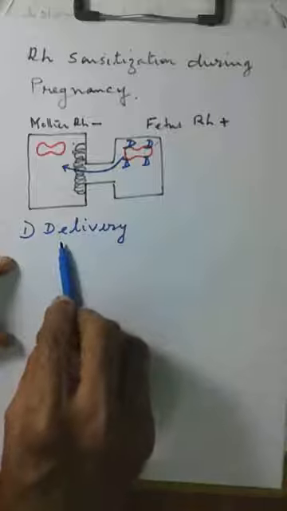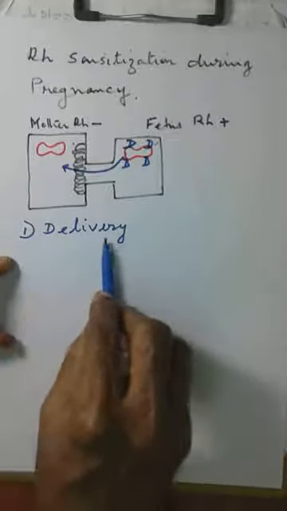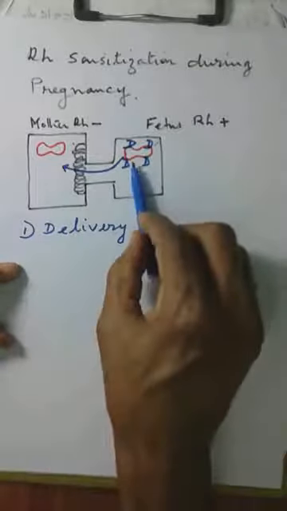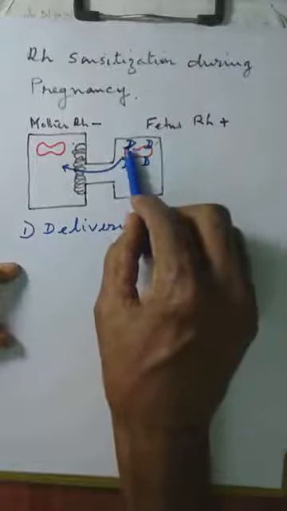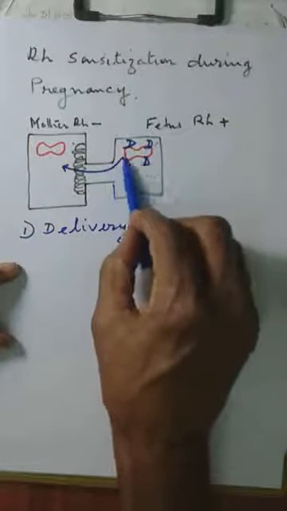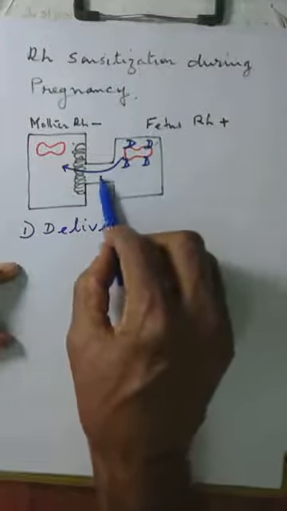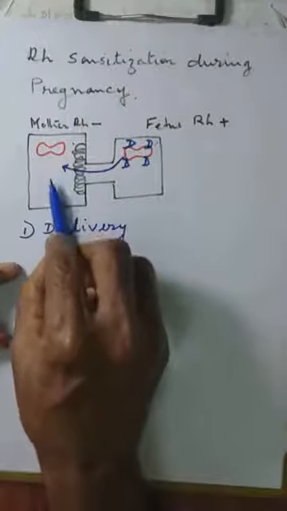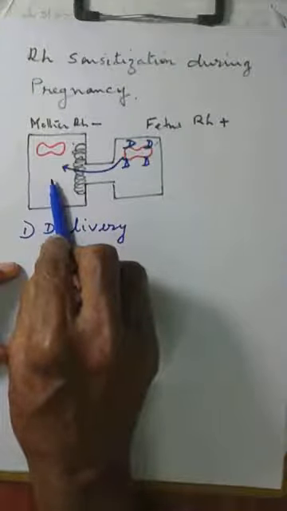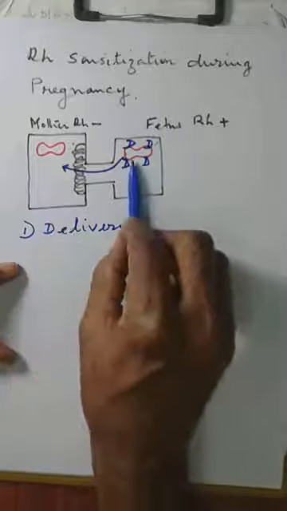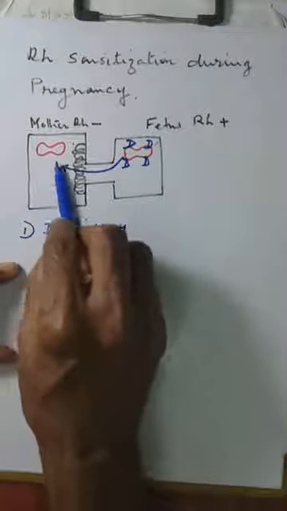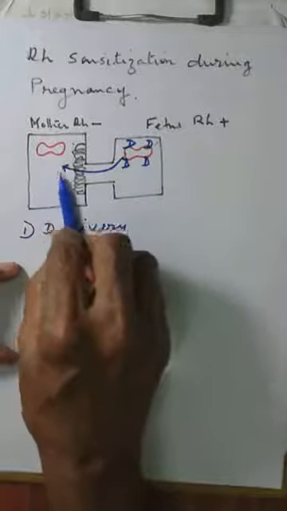Again, sensitization means the entry of this D antigen carried by the RBC to the maternal blood. If it enters here, definitely an antibody will be produced.